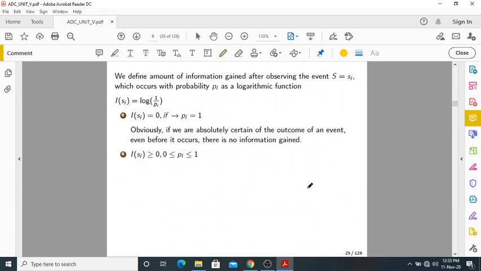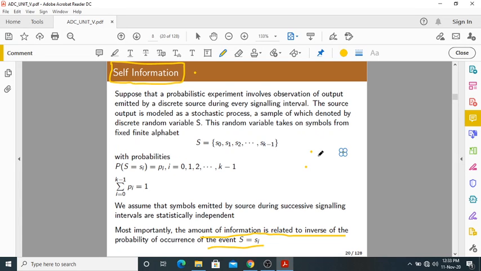Here P of I is 1. The summation of P of I will anyway be equal to 1, but I am not taking the summation. I am simply saying P of I equals 1, which means the probability of occurrence of symbol Si is 1.